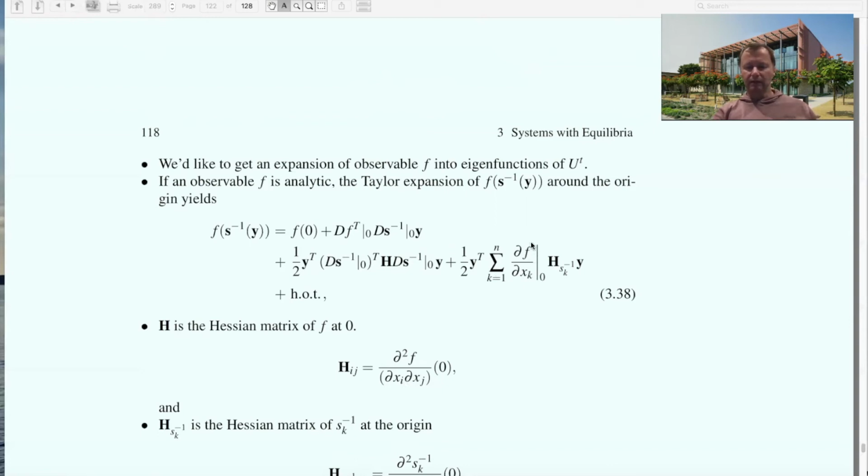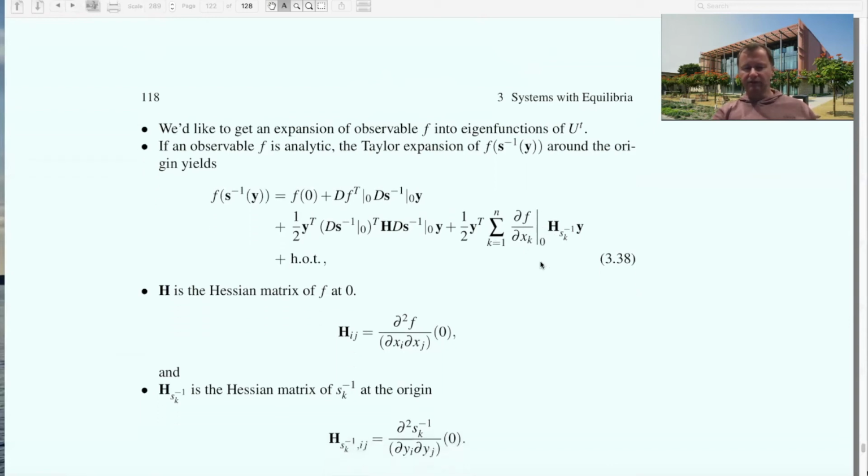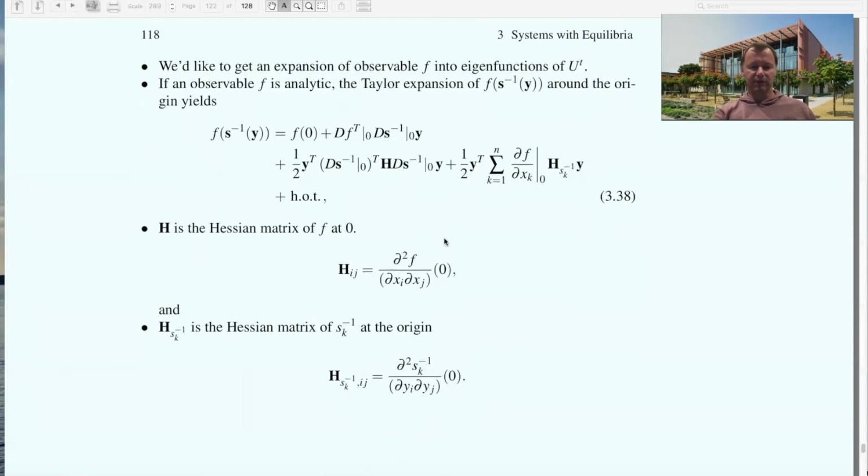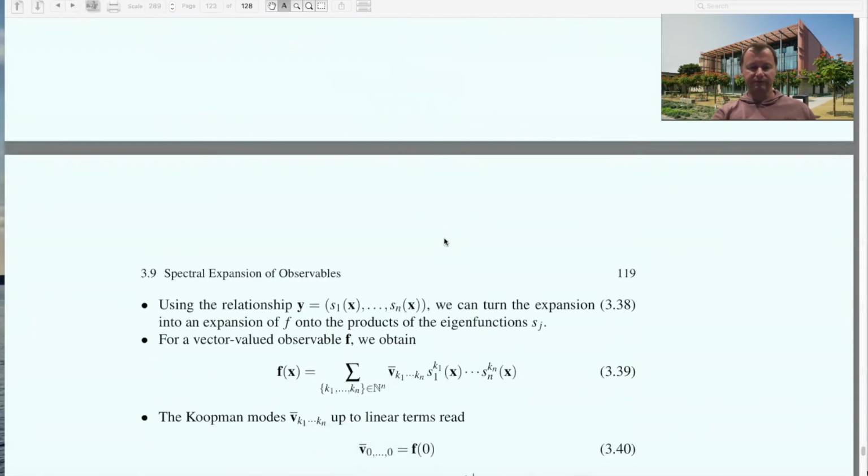And here is the first derivative multiplying the Hessian matrix that takes the second derivative of S_k inverse, the kth component of this S inverse, with respect to y coordinates. So that's a multivariable Taylor expansion of f.